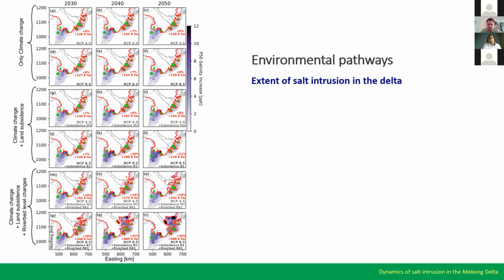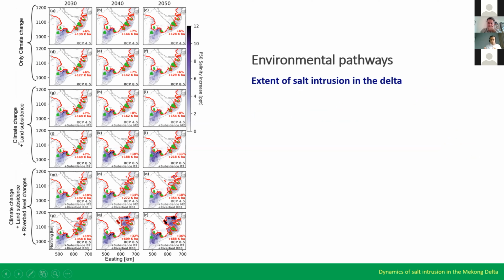So these are scenarios of salt intrusion increase. The darker the color, the more increase can be expected until the year 2050, which is the policy perspective. So we can see, for instance, under only climate change, so basically only sea level rise and discharge anomalies, or climate change plus land subsidence.